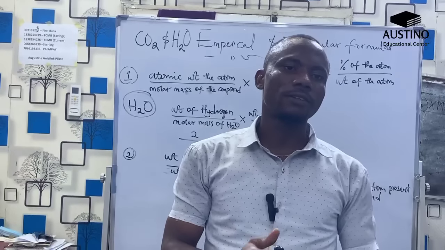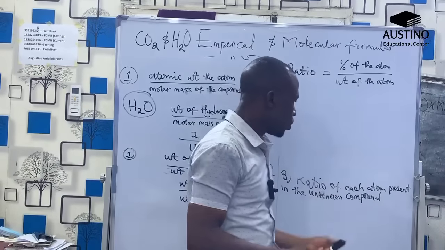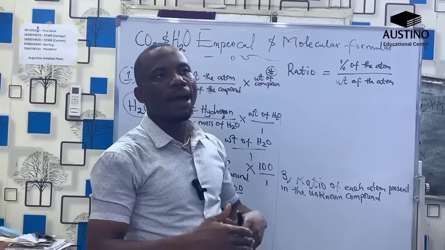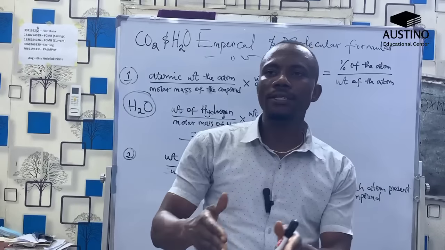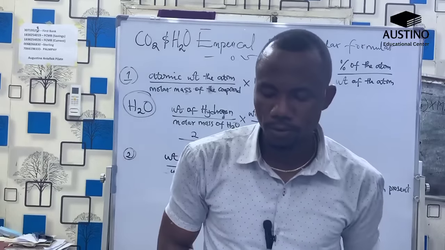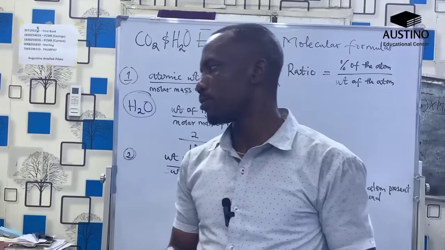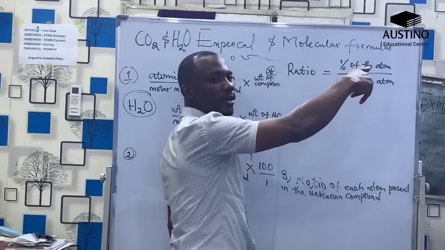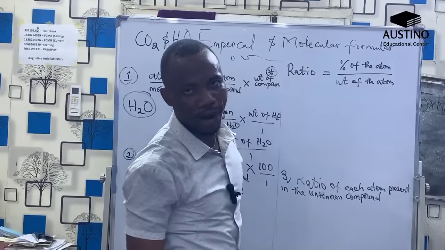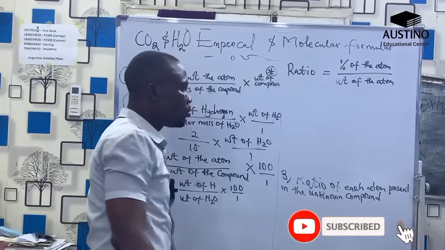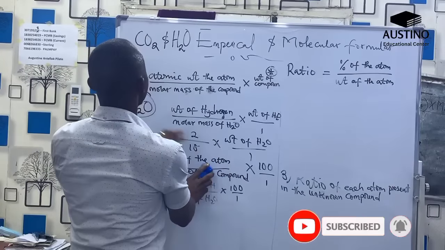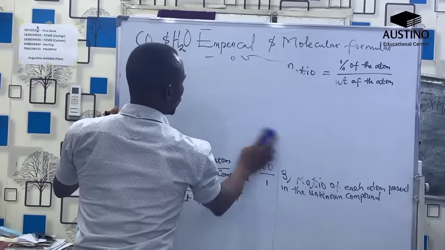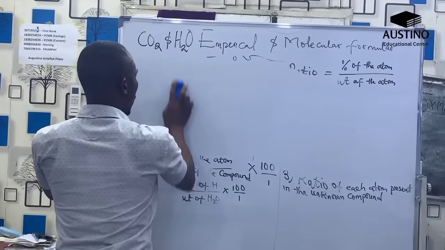It's sealed forever. And so we have known the basic steps by which we can approach empirical formula determination. Now we look at examples, some good ones that will enable me to play around with the ratio, especially when it has to do with fractions. Our questions are going to cut across all lines.